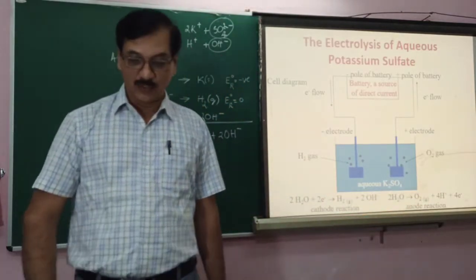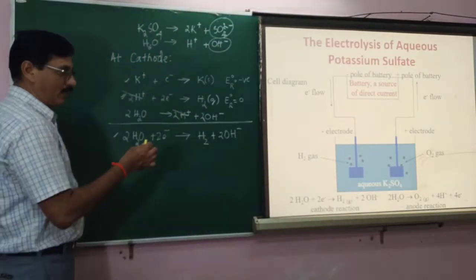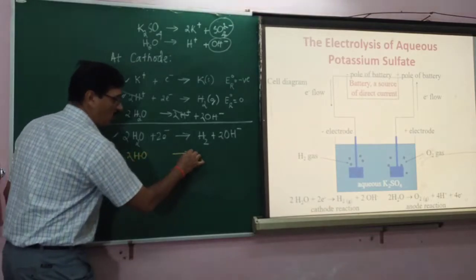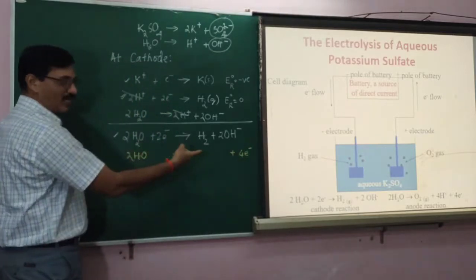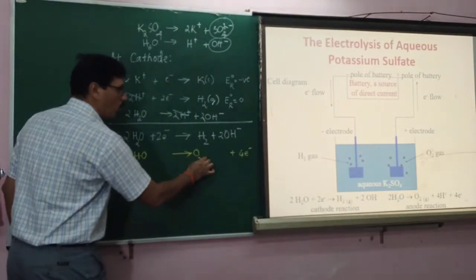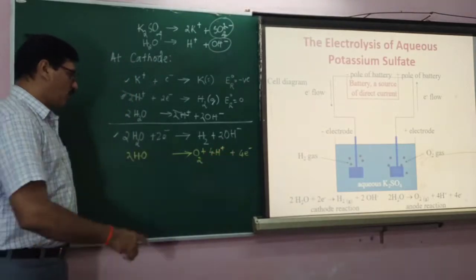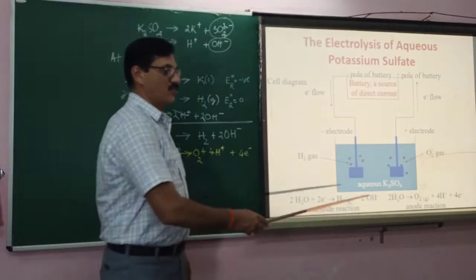So, a very important thing to remember and to practice is that when H2O undergoes oxidation, that means losing of electrons, when it loses 4 electrons, it forms O2 and 4H plus ion. It forms O2 and 4H plus ion, and this is the cell reaction.